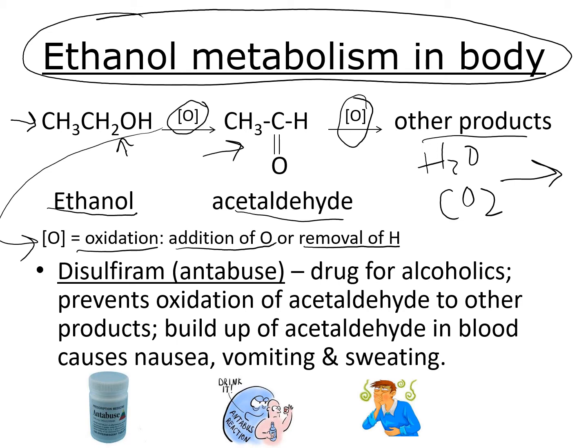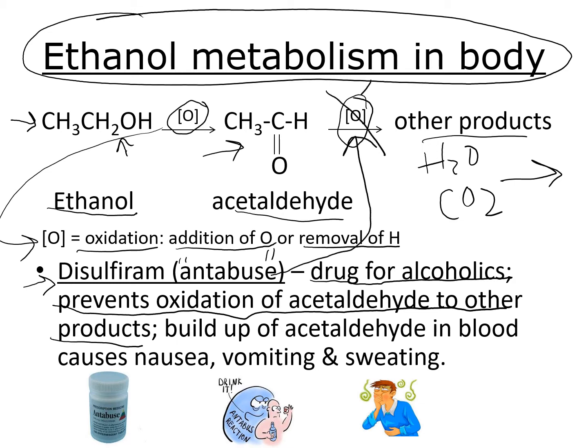There is a drug called disulfiram, also known as antabuse, and this is a drug that is sometimes given to alcoholics. Disulfiram prevents the oxidation of acetaldehyde to other products. So basically in our reaction, the antabuse stops the reaction at this step right here.